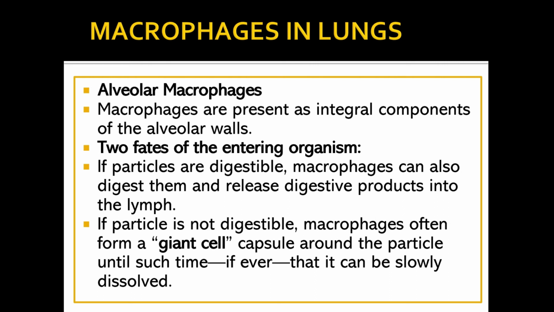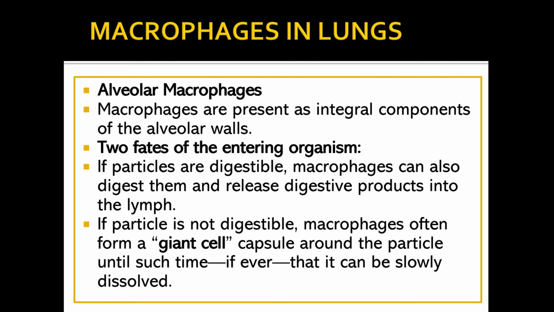Macrophages can digest them and release digestive products into lymph. If the particle is not digestible, especially in the lungs, if its size is large or it has a protective covering, then what will macrophages do?